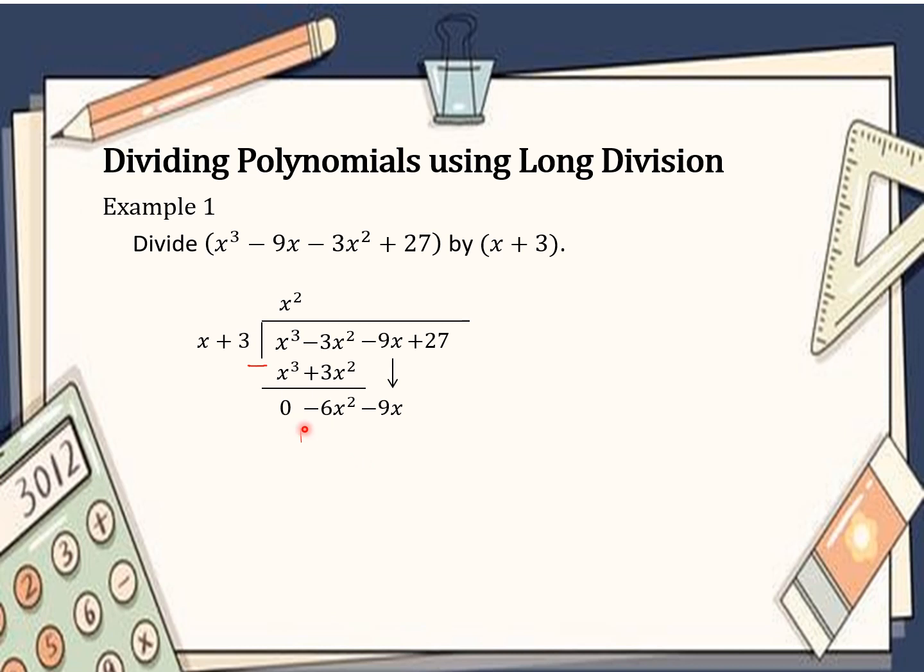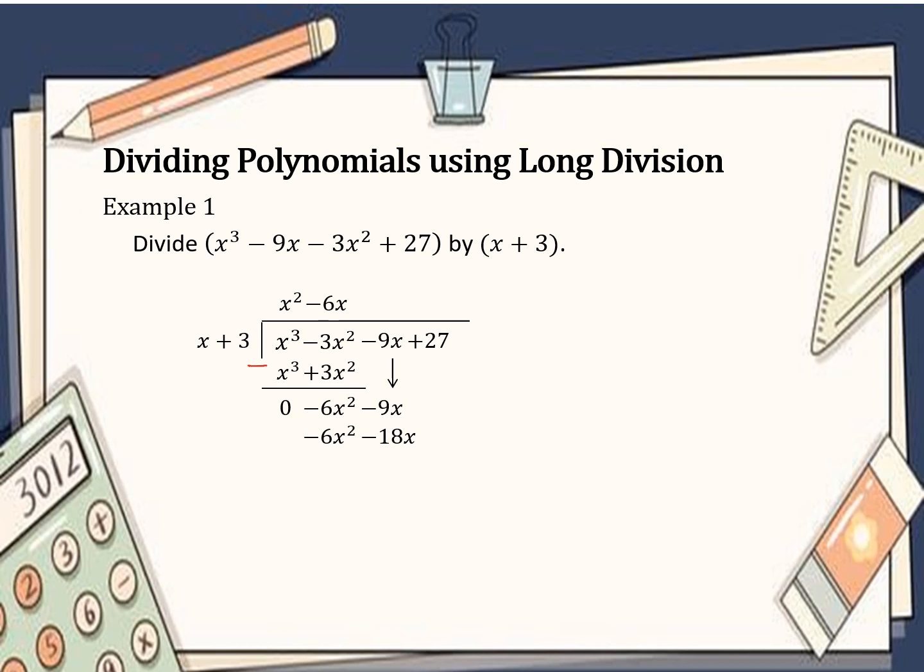Next, divide negative 6x squared by x. That is negative 6x. Then multiply negative 6x by x, which is negative 6x squared, and negative 6x times 3 is negative 18x.